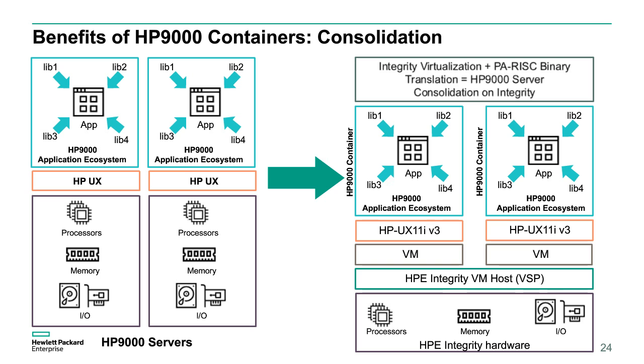What you can see here on the left-hand side, I've got two separate HP9000 systems, and I can migrate those into Integrity virtual machines running on one Integrity piece of hardware. Now the beauty of this is you've got control of the kernel for each of those instances. So if you've got a 32-bit operating system, you can adjust the kernel parameters to suit that.